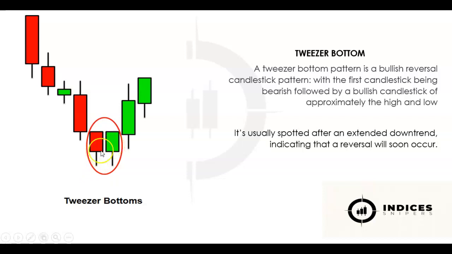Now on the next candle, you can see that it feels like the buyers took charge, and this formed this pattern.